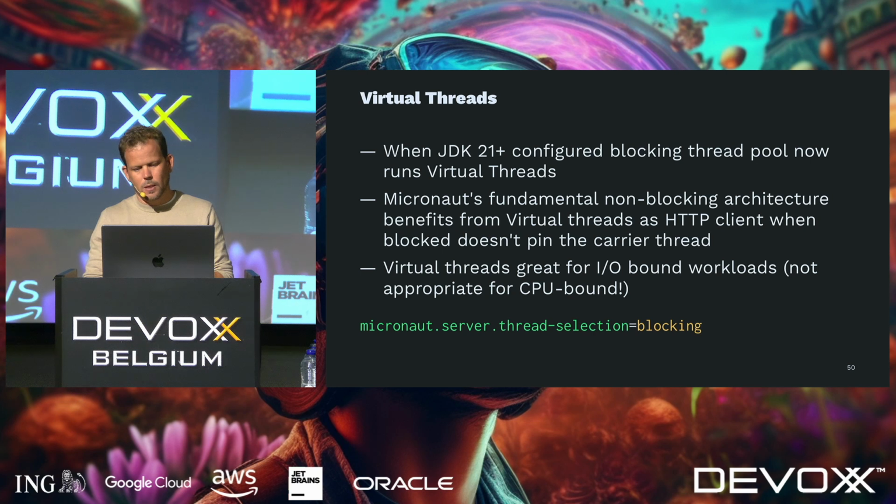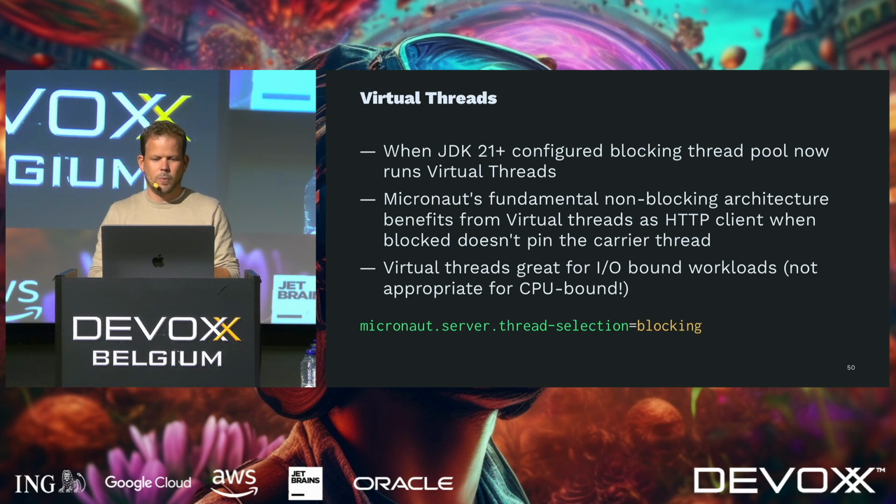Essentially, instead of there being a real thread, i.e., a carrier thread, the JVM runs virtual threads. And when these virtual threads encounter a blocking operation or a blocking I/O call, such as an HTTP request, they are able to detach from the carrier thread and allow another virtual thread to take over the carrier thread until a response comes back.